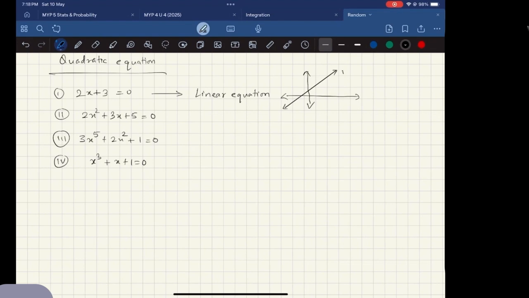You might know that the equation of a straight line is y equals mx plus c. So ax plus b is quite similar to y equals mx plus c. So whenever the degree is 1, you get a linear equation.